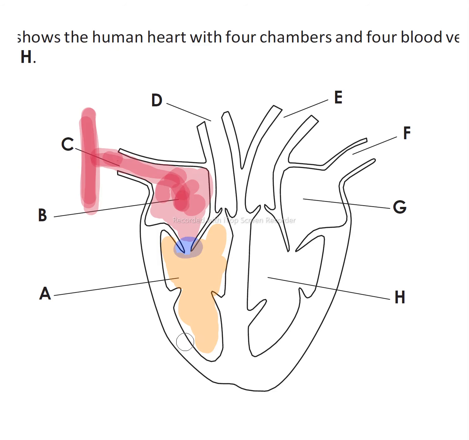Now we had an exit here, but if you follow this, it's going to go through the semilunar valve, which is here, and then the blood heads out up here out of the pulmonary artery to the lungs. It's going to go to the lungs and then back in through here.